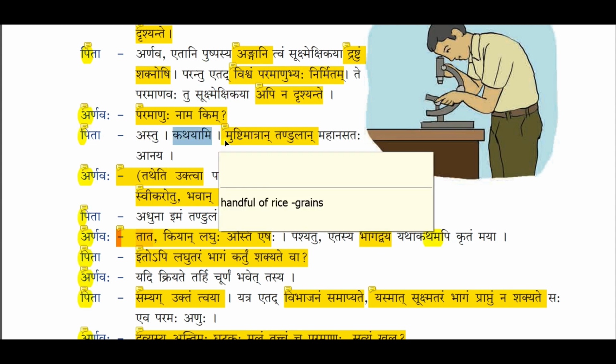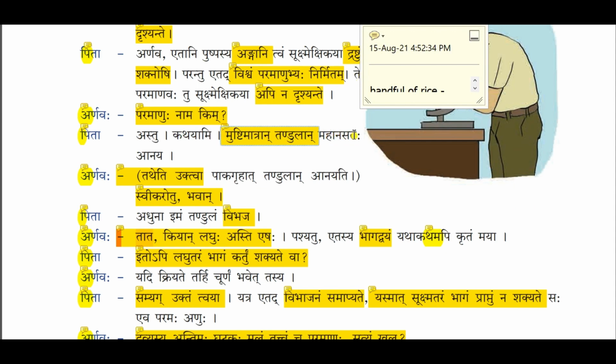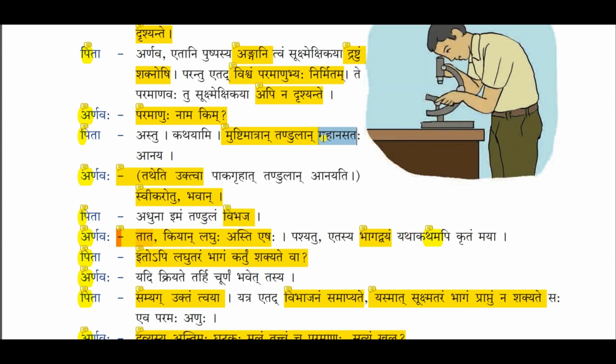Mushti matran tandulan, mushti matran means handful, tandulan means of rice grains, handful of rice grains. Mahanasata: the actual word is Mahanas, Mahanas means Pakagruham. So Mahanasatah, tah is a suffix indicating Panchami Vibhakti, so its meaning will be from kitchen. Anaya, bring. So father said, bring a handful of rice from the kitchen.